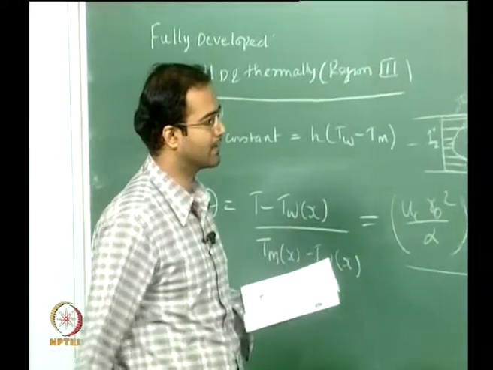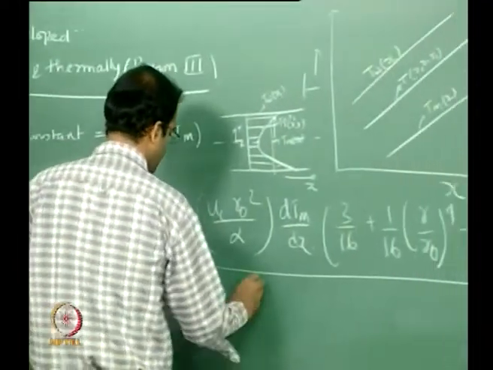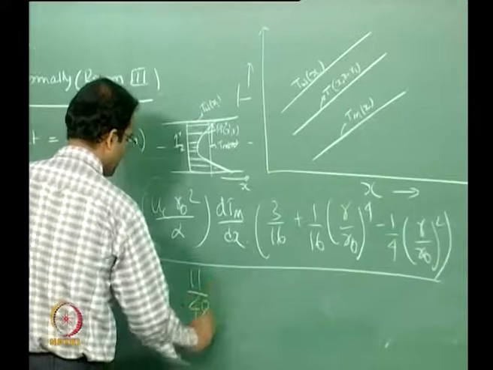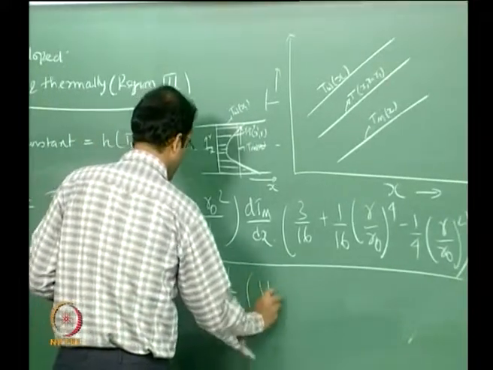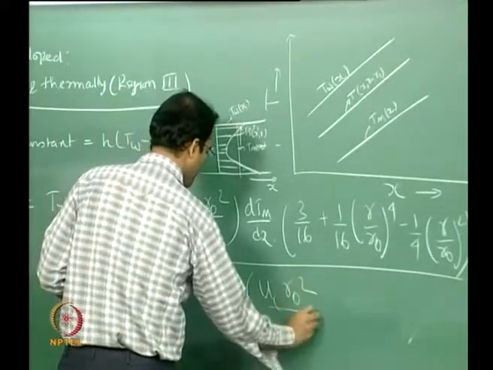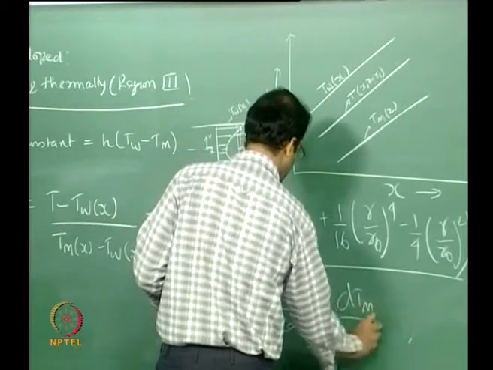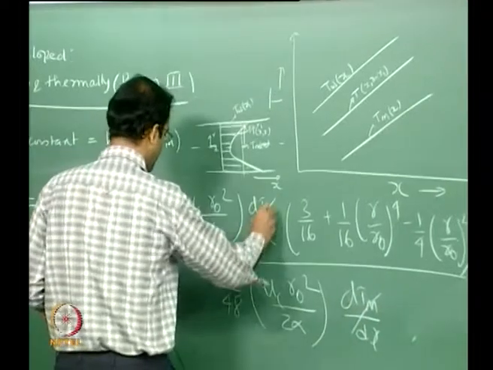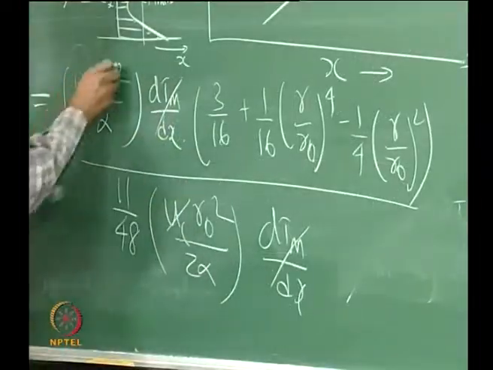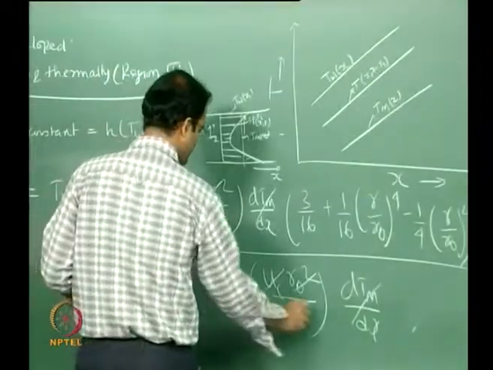Similarly Tm minus T wall will be minus of that, I cancel the minus sign. This will be 11 by 48 into UC r naught square by 2 alpha into dTm by dx. So dTm by dx cancels, UC r naught square cancels, alpha cancels out.